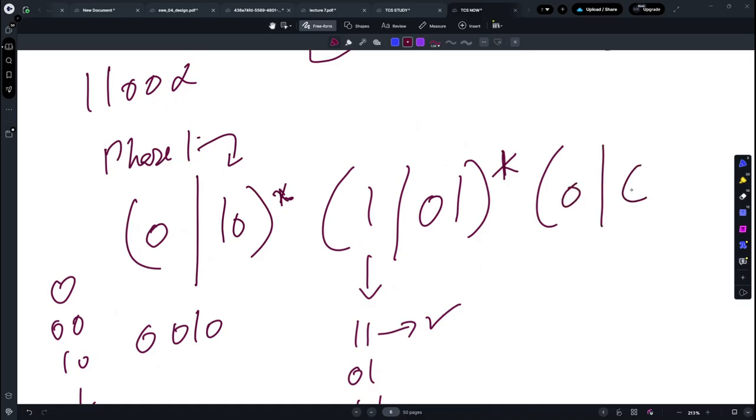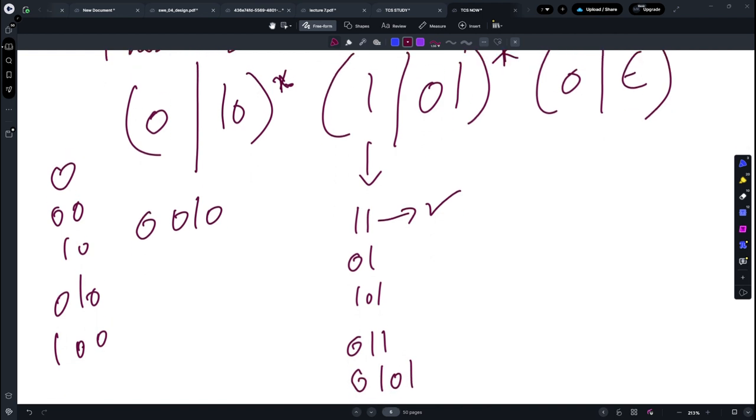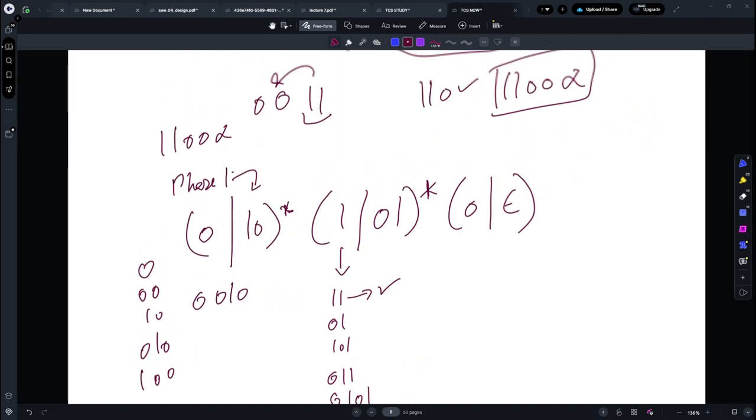We won't give 0, 0 and then epsilon, nothing. You take a 0 or you take nothing. That's the only way we guarantee that this phase guarantees no 1, 1. This guarantees no 0, 0. And this guarantees, if you want, you can just take a single 0, which limits us with 1, 1, 0 and all other combinations.